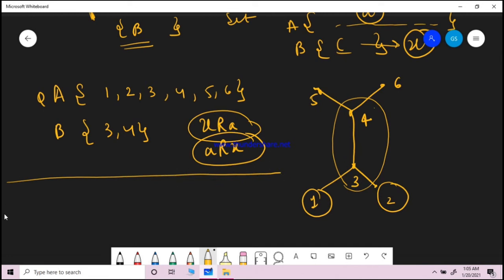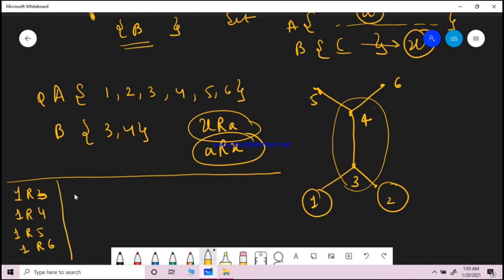If I write down all the relations, first I am writing all the relations with 1. 1 is related to 3, 1 is related to 4, 1 is related to 5, 1 is related to 6.